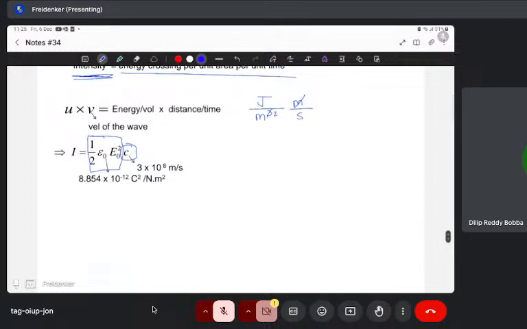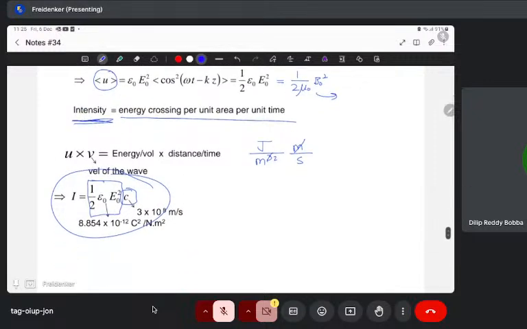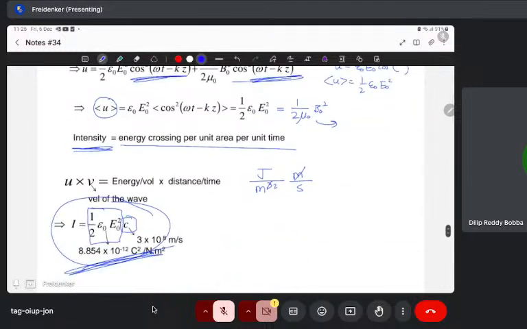So I think there were some questions, maybe in the tutorial or something. I don't remember. Find the intensity. I think we did some questions in class as well, so you can remember this. You don't have to remember the derivation. This is fine, and the fact that this is average energy density, fine.